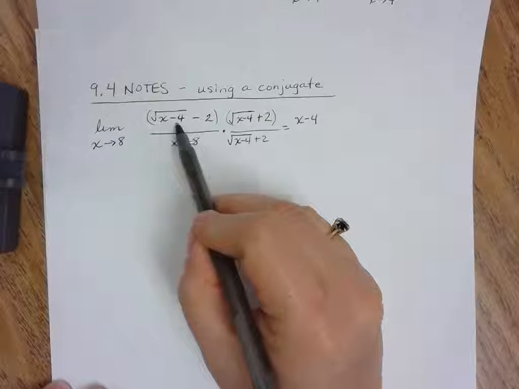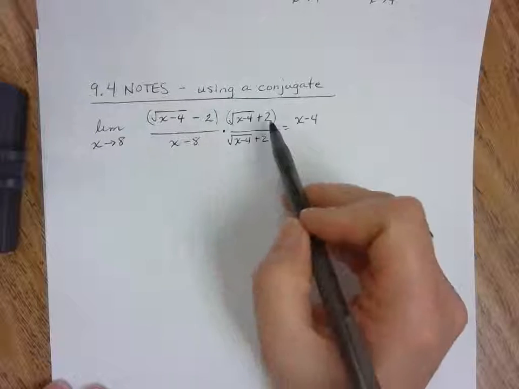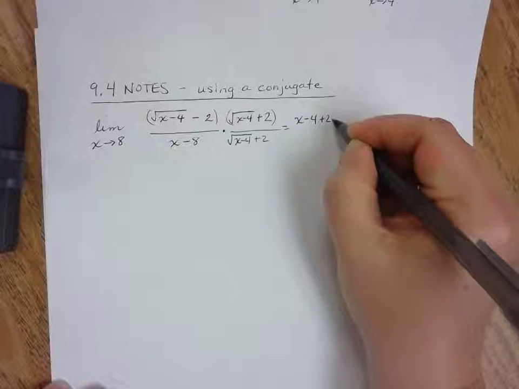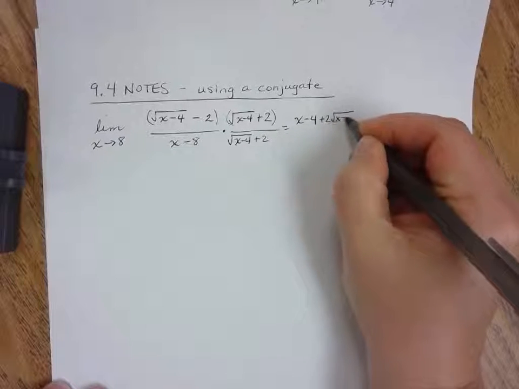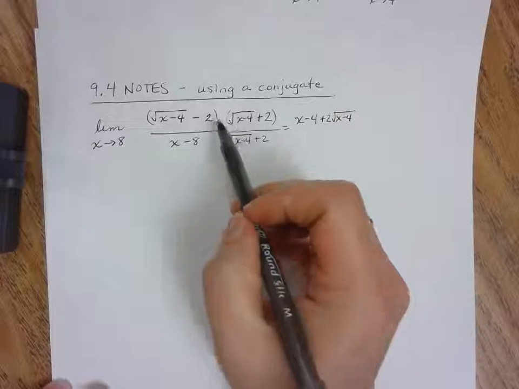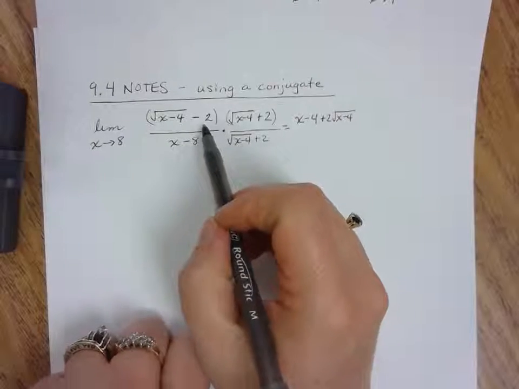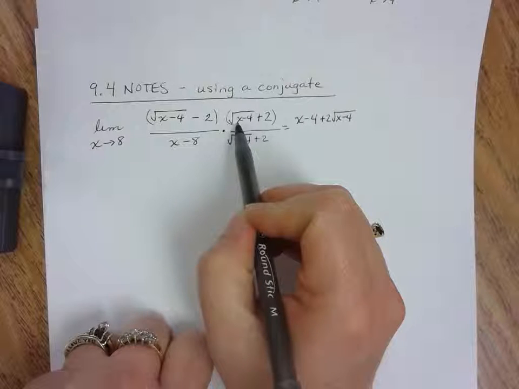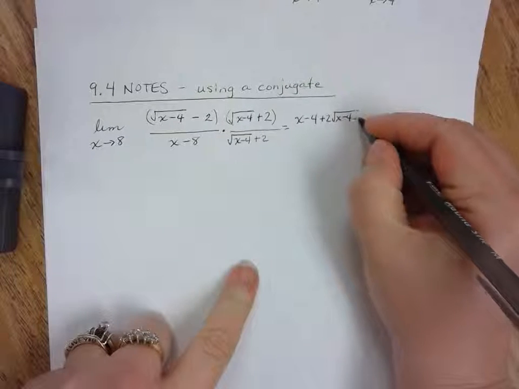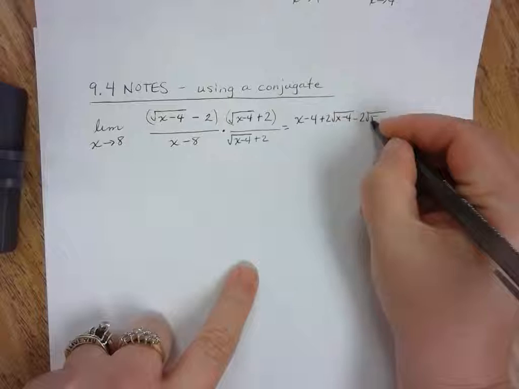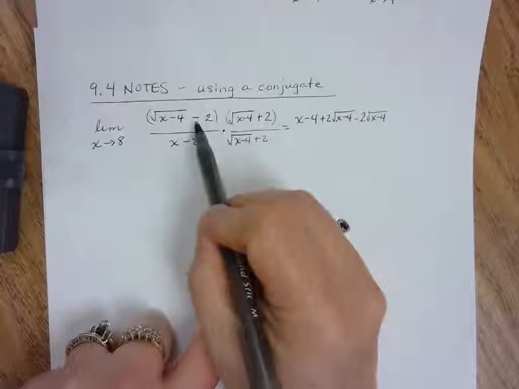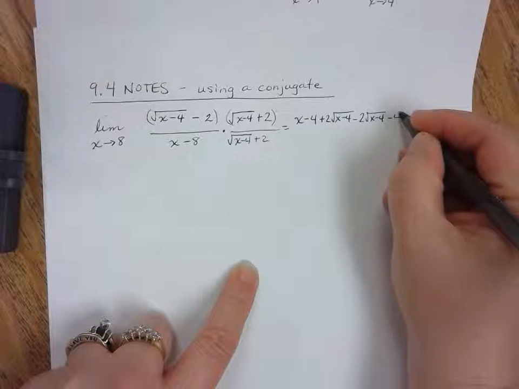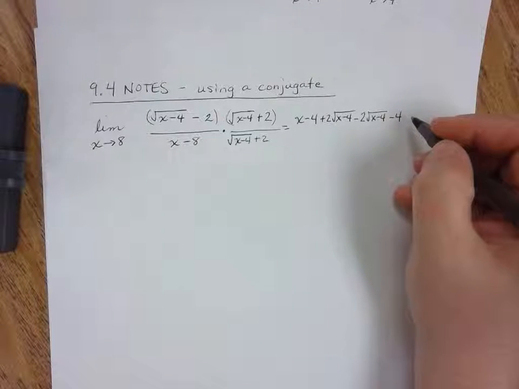If I multiply this radical of x minus 4 times 2, then I end up with a positive 2 square root of x minus 4. Now I'm going to need to distribute the negative 2 to that binomial. Negative 2 times the square root of x minus 4 is negative 2 square root of x minus 4. And negative 2 times positive 2 is negative 4.